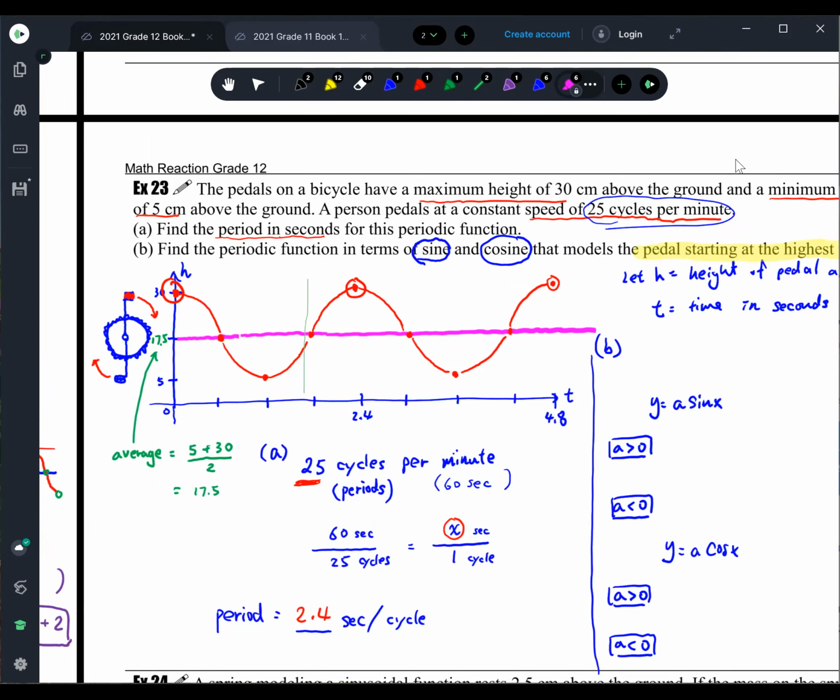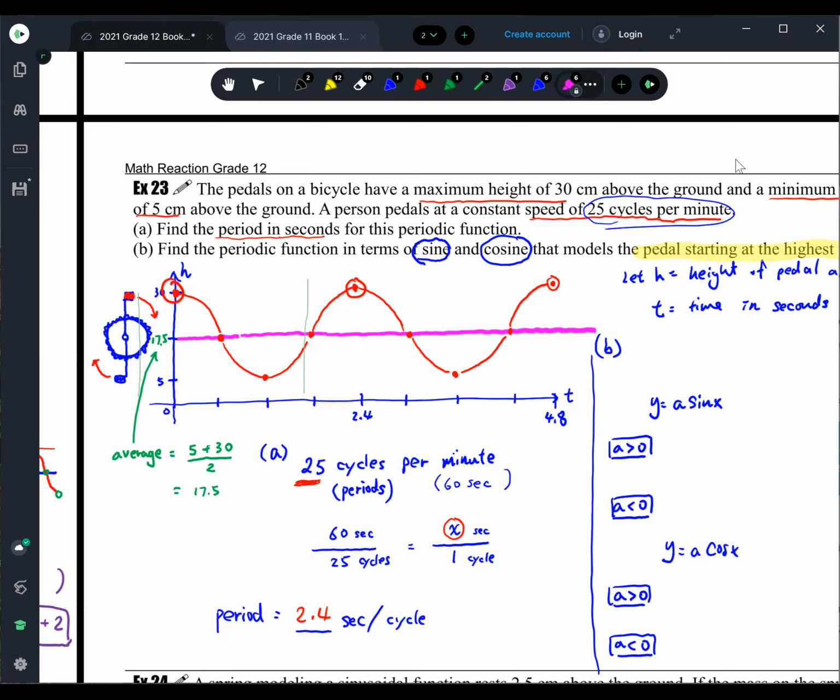Is there a closer option? Closer to the original y-axis? The one you got is not wrong, but there's a closer choice. Over here. Yes, very good. So we'll pick the one on the left.